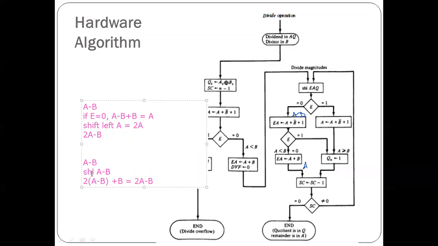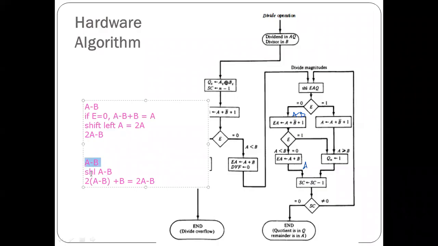Only the thing here is, in the non-restoring method, after performing subtraction, we will shift left and then add B, so that it results to A minus B only. When you have to add B after shifting left, you add B only depending on the previous Qn, which decides whether A is greater than B or not.